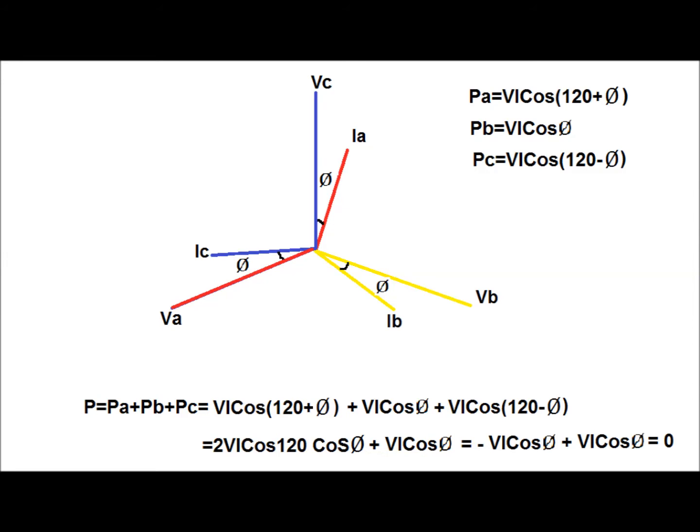That is, the sum of the power comes as 0 for a phase sequence change in the voltage input between red and blue, although the actual power is 3 into VI cos phi.